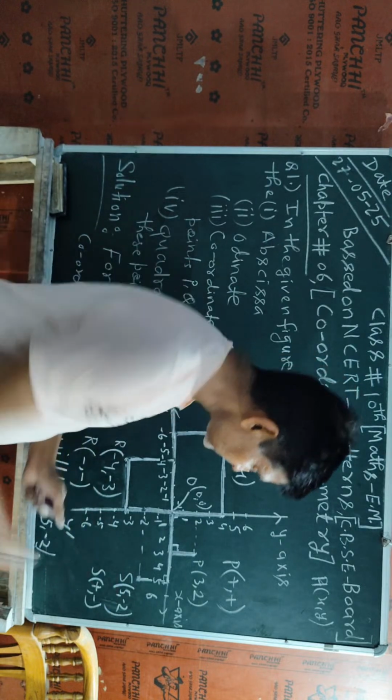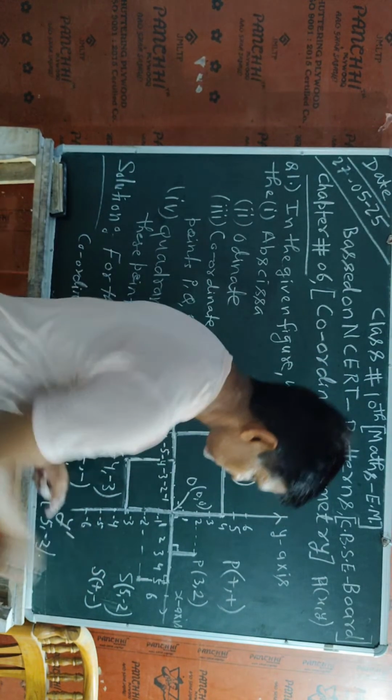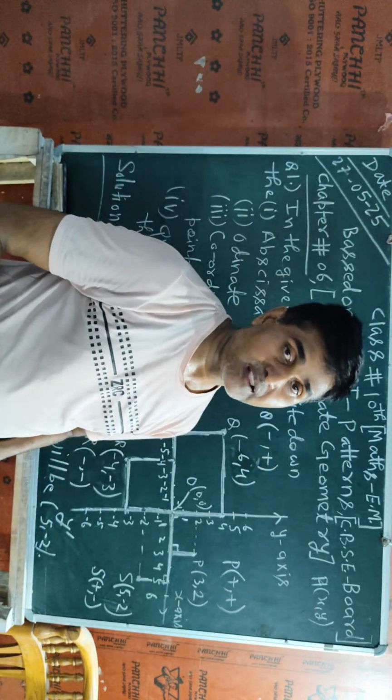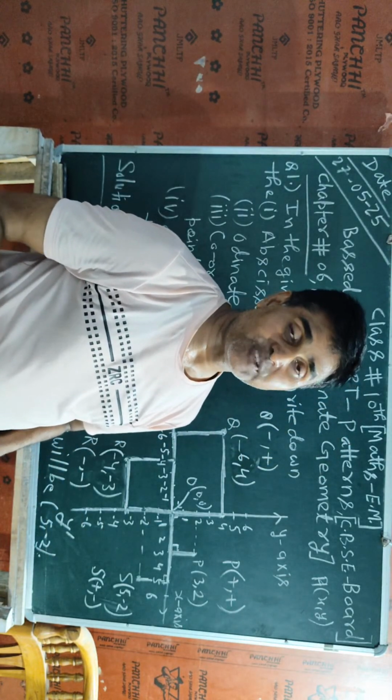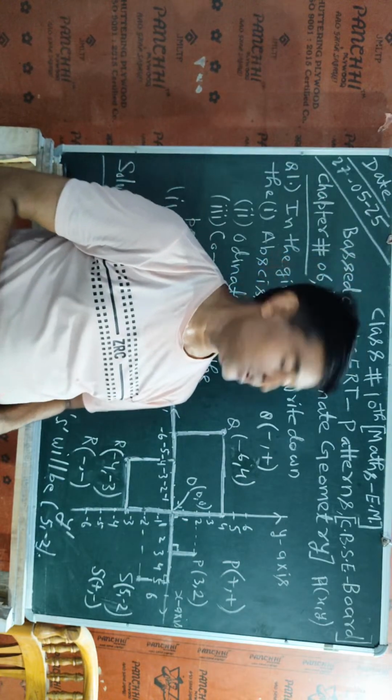I have got the signs plus, minus, so it will lie in the fourth quadrant, because in the fourth quadrant the abscissa value is positive and the ordinate value is negative.